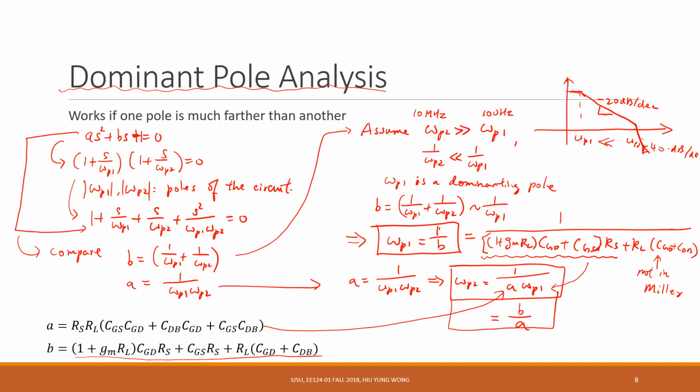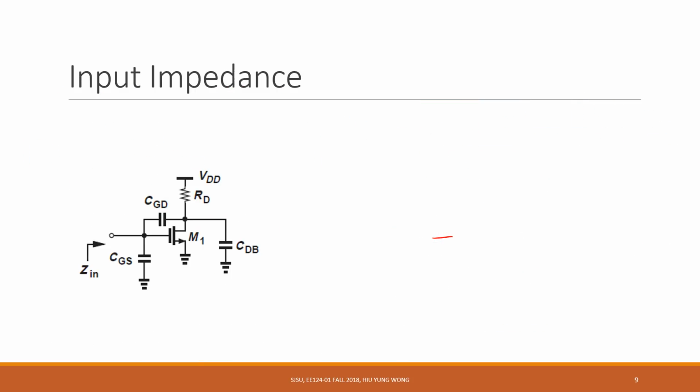The best way, the one new method you just learned, is dominant pole analysis. If we can assume one of the poles is much larger than the other, then we can use this approximation. The first pole is 1 over b. The second pole is b over a. And that's it. Now with this, let's move ahead.